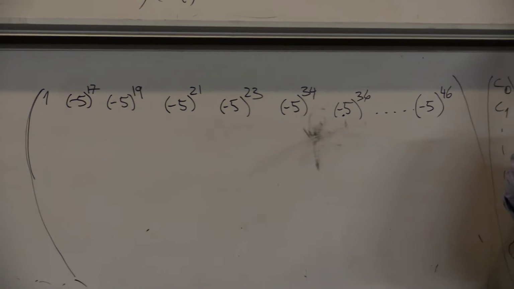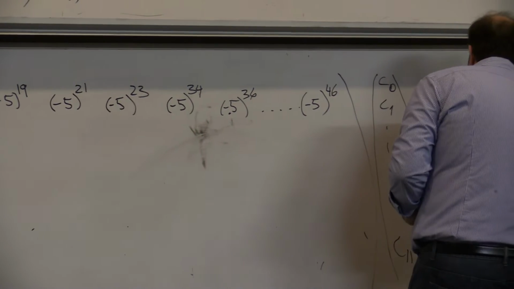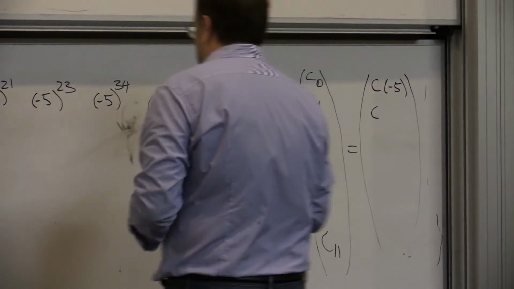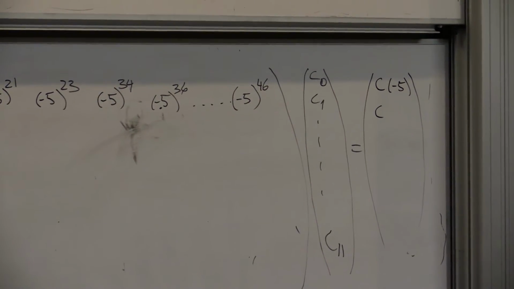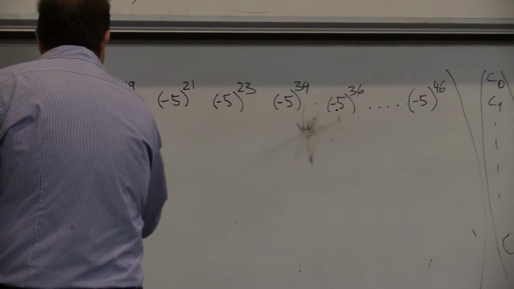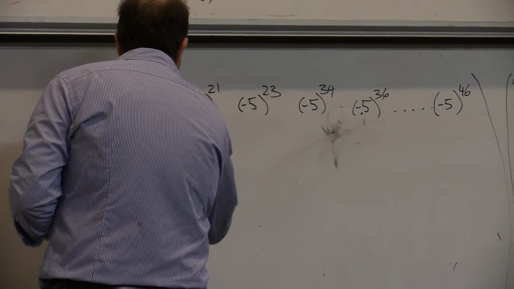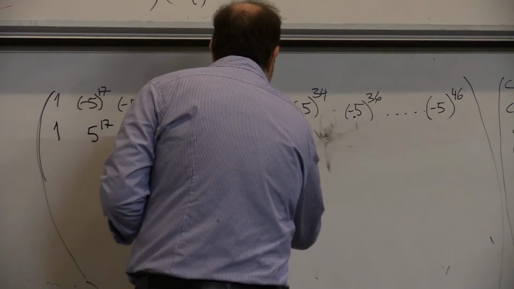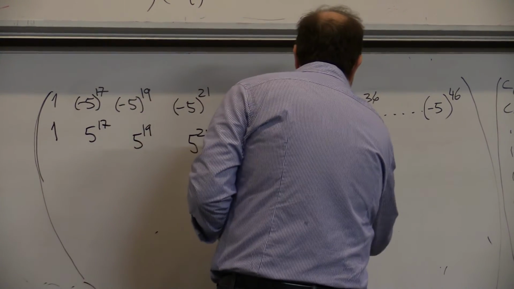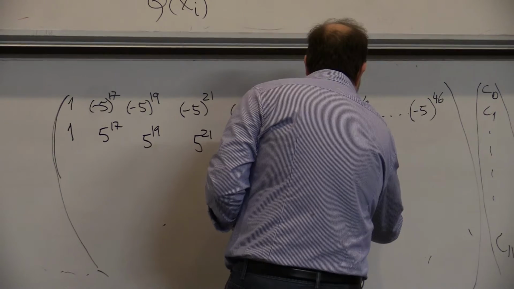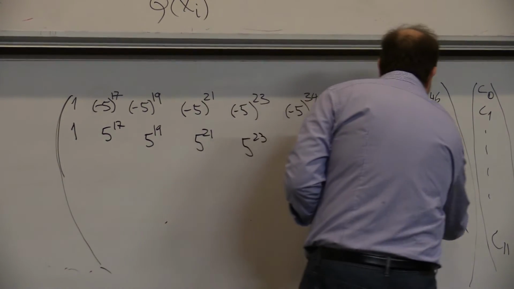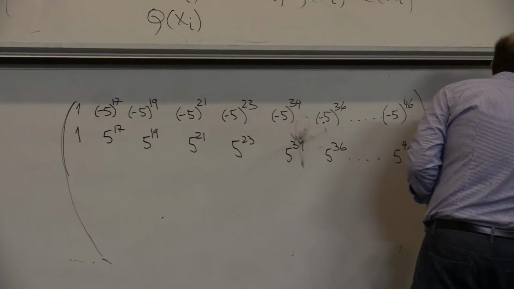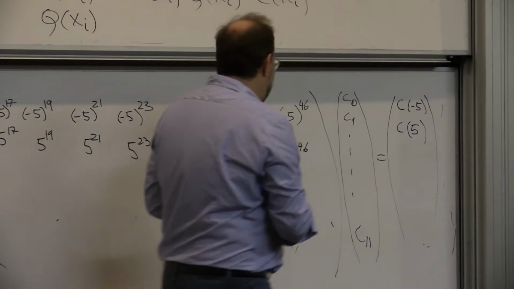So this is C at minus 5. In the same way, I'm going to order it differently. The next value I want to consider will be 1, and then 5 to the 17, 5 to the 19, 5 to the 21, 5 to the 23, 5 to the 34, 5 to the 36, all the way to 5 to the 46. So what will be here? It will be the value C at 0.5, right?